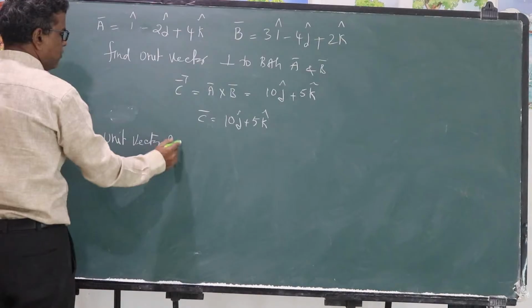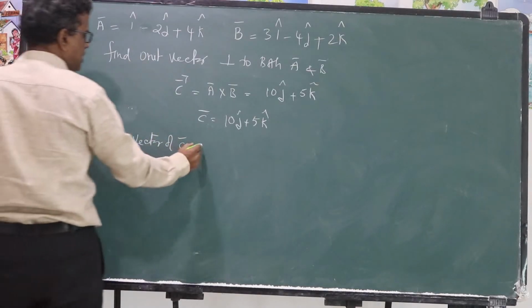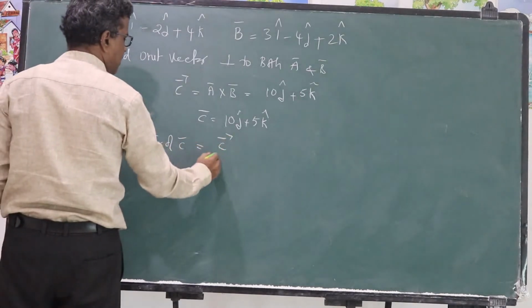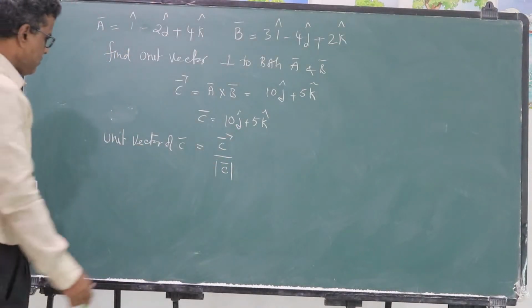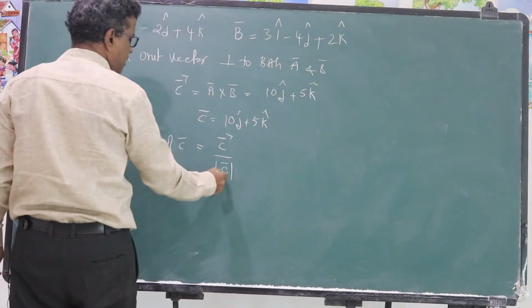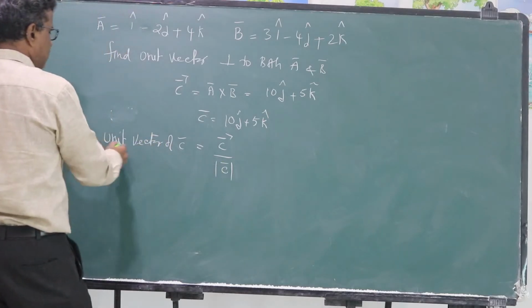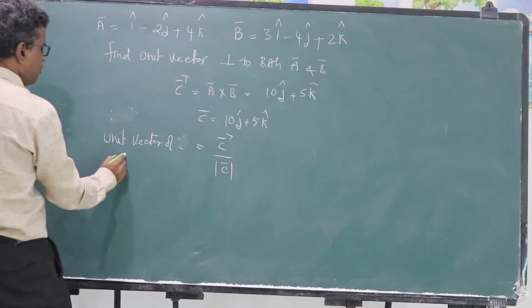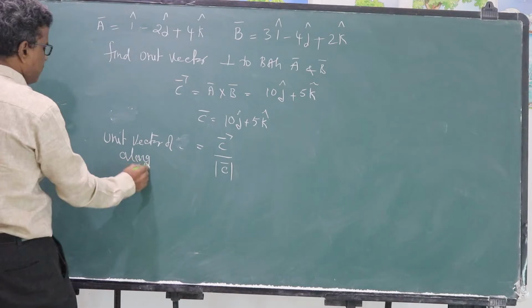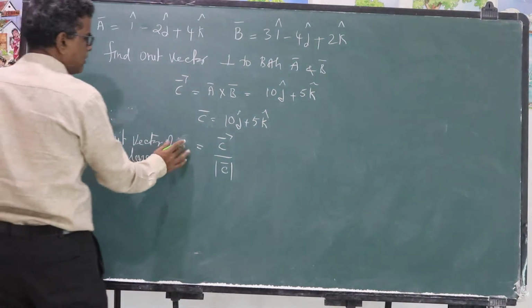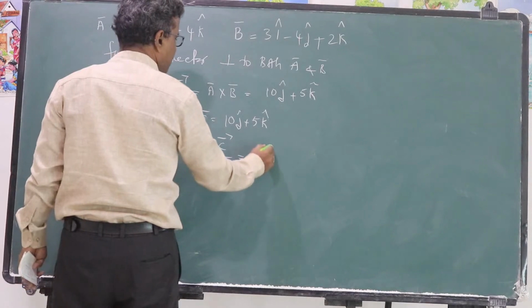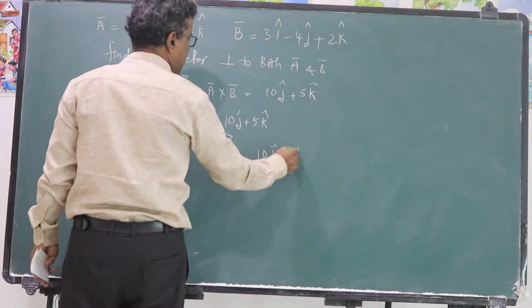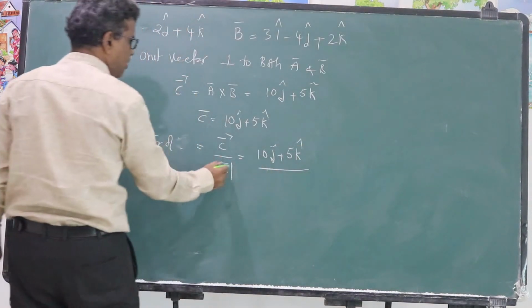And the unit vector of c bar is c bar by mod c bar. We will get the unit vector along c bar. That is, c bar is 10j cap plus 5k cap by mod of c bar.